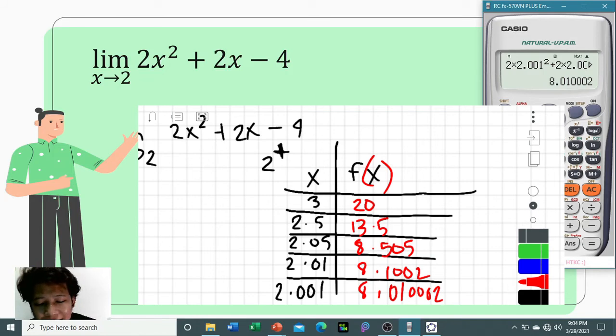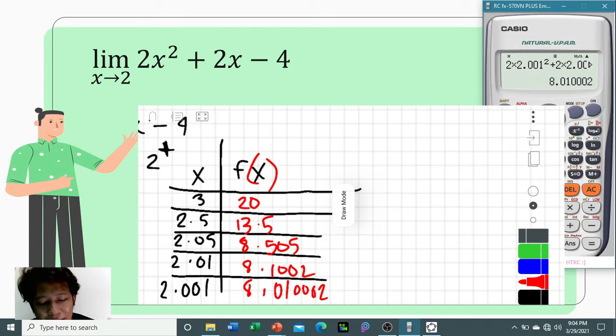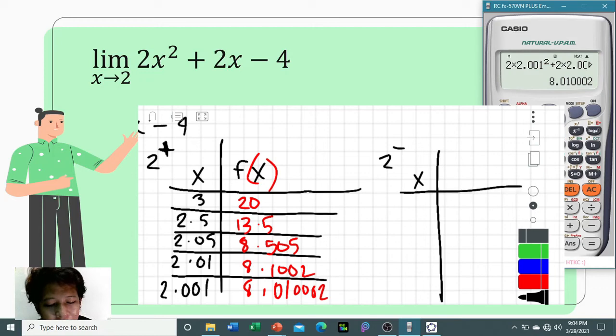Okay, so let us now have the values from the left of 2. So we have here 2 raised to the negative side, which means that we are after the values of 2 from the left. So we have here the values of x again, and then we have the function value.